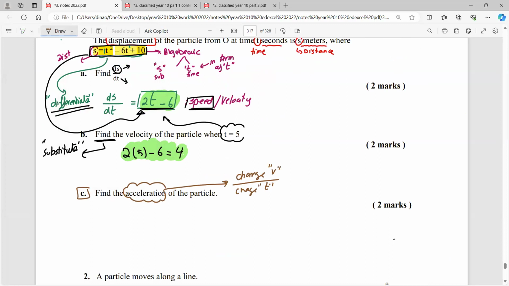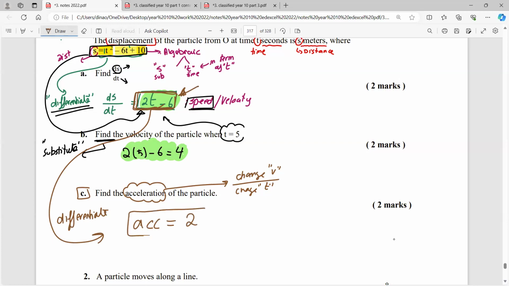So what I'm trying to say is that if I take the velocity and I differentiate it, then I will get acceleration. If I take the green and I differentiate, I get the acceleration. Of course, what is the differentiation over here of the green? The differentiation of the green is 2. As we explained before, here I have 2t, and if the power is 1 just take out the letter, so the acceleration is 2.